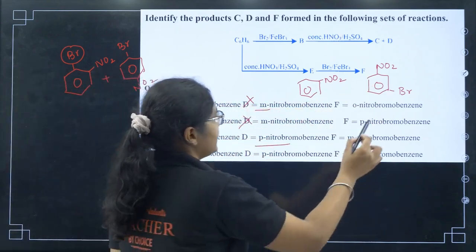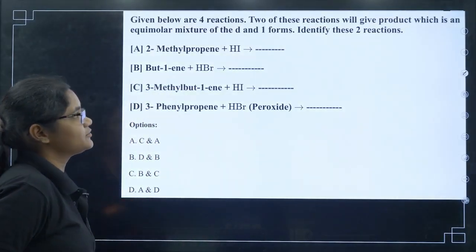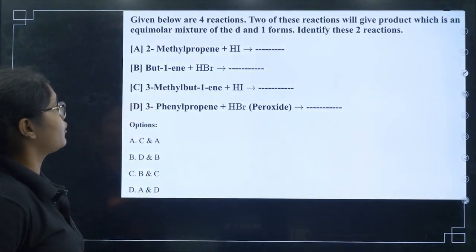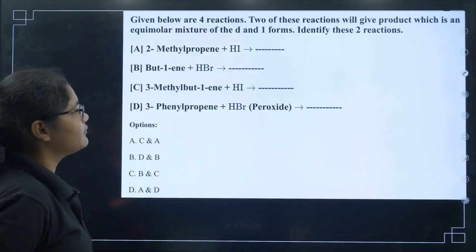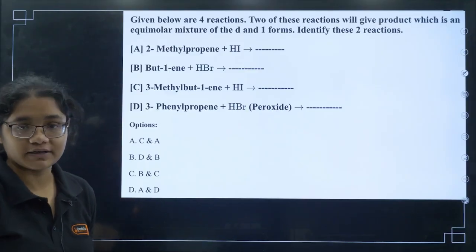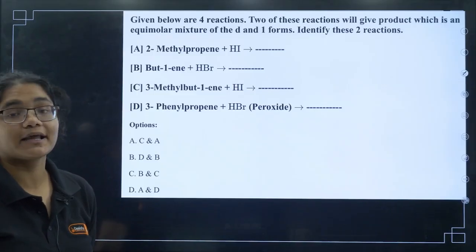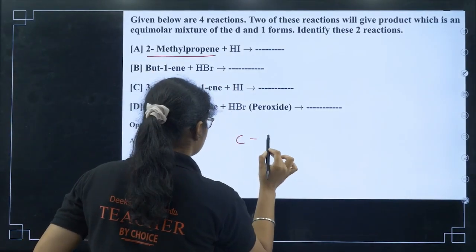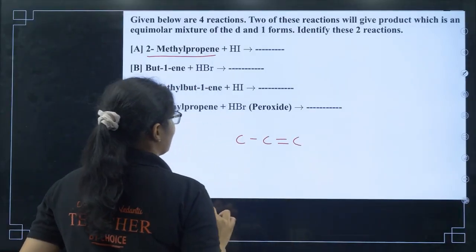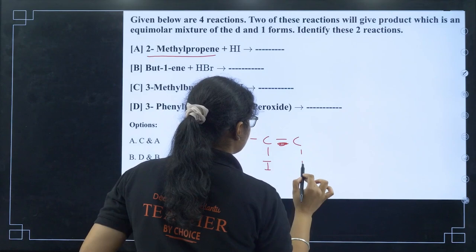Next question: given below are 4 reactions. 2 of these reactions will give a product which is an equimolar mixture of D and L. Identify these 2 reactions. An equimolar mixture of D and L means it should be, what I can say, an optically active compound. So if I have 2-methylpropene and you add HI, I will be added here, and H will be added here.